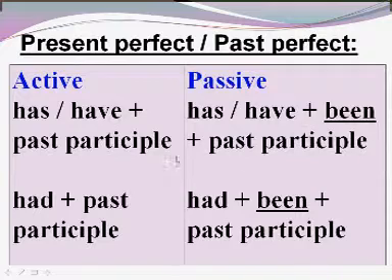Of course, has and have are always used when we have a present perfect tense. So what happens if we have had plus past participle, which is the past perfect tense? In the passive form, we usually turn that into had plus been plus past participle.